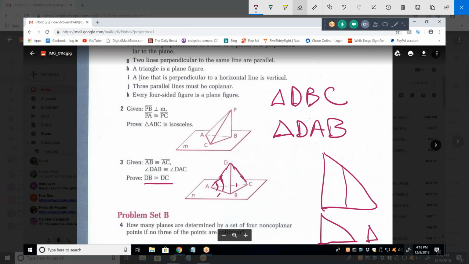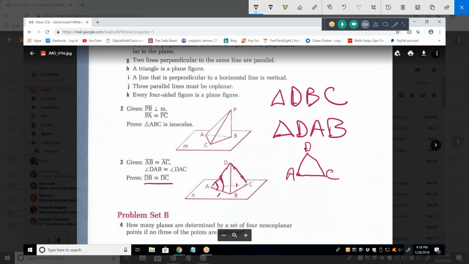That's a helpful process when they have lots of triangles combined. So let's do it even though we're in 3 dimensions. I'm going to draw triangle DAC, and then triangle DAB.